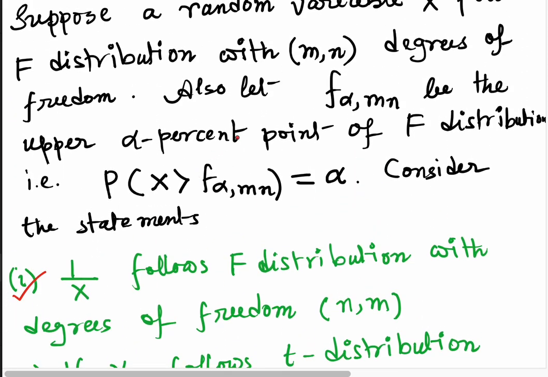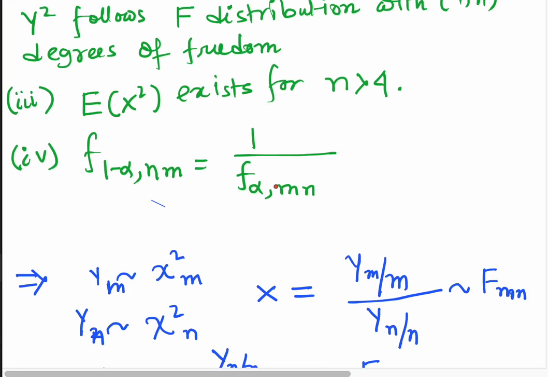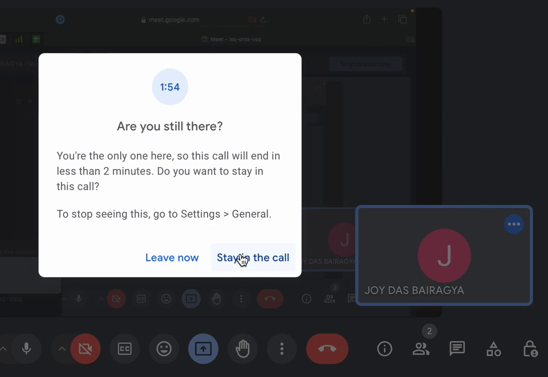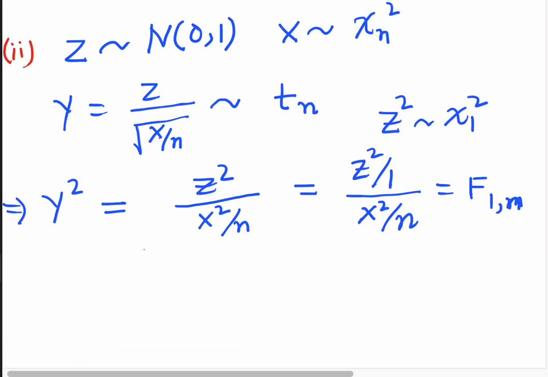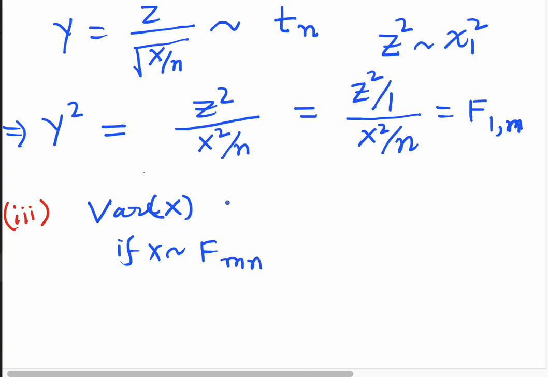Now x follows an F distribution. We know the variance of x, for question 3: the variance of x, if x follows an F distribution with degrees of freedom m, n, only exists for n greater than 4.